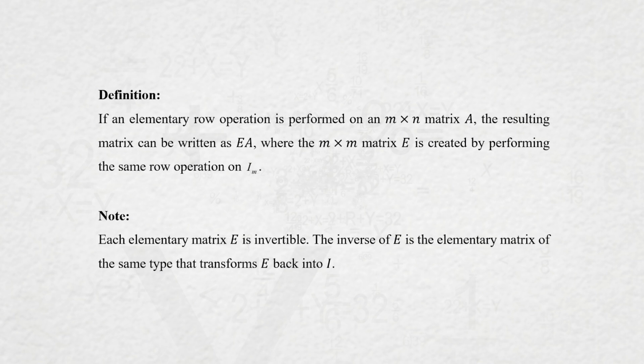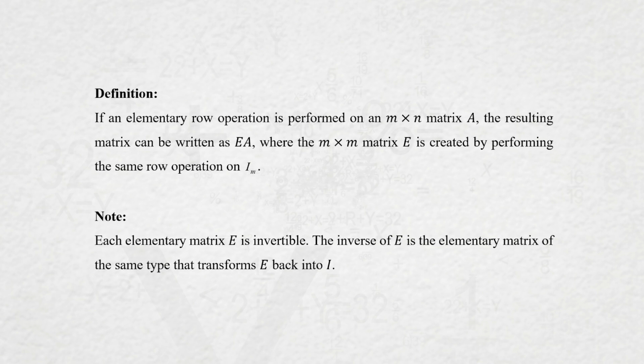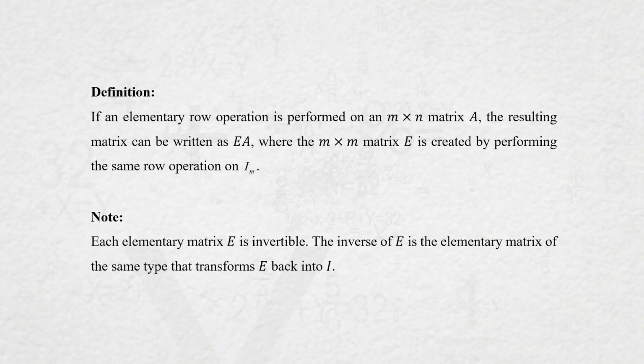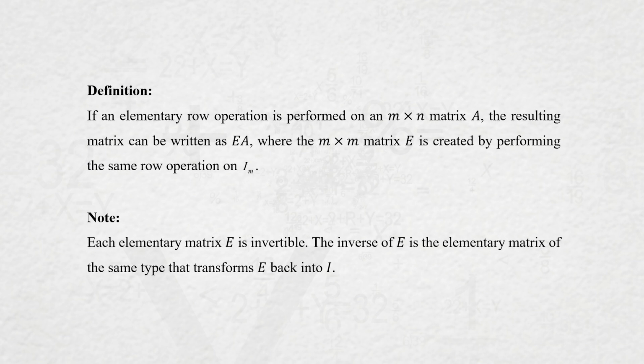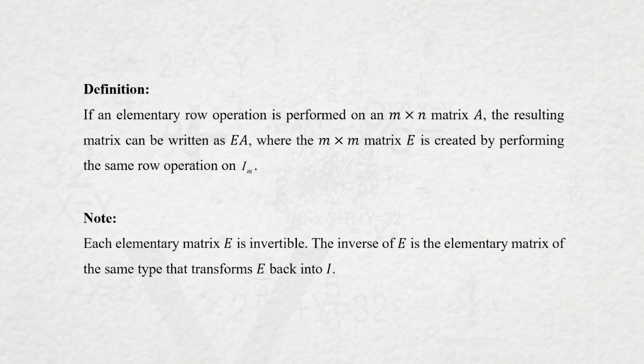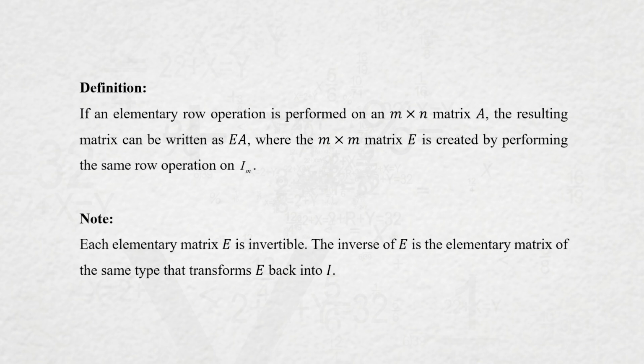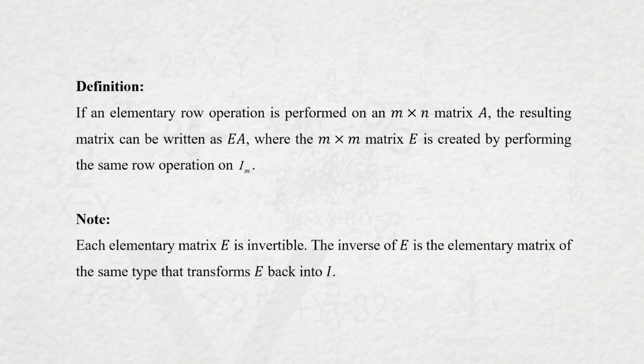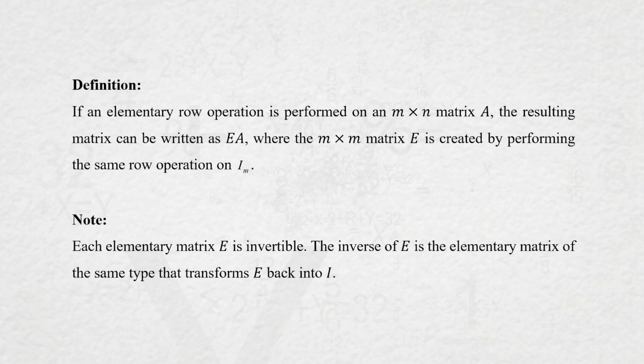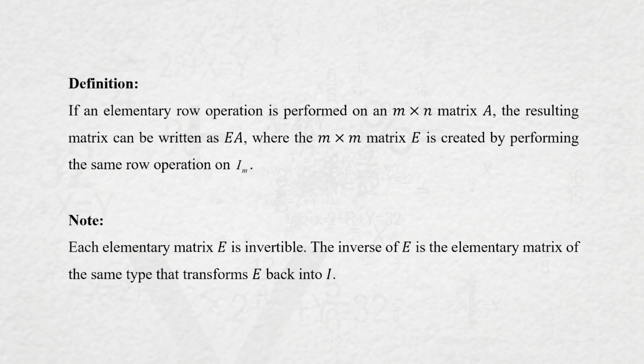Definition: if an elementary row operation is performed on an m cross n matrix A, the resulting matrix can be written as EA, where the m cross m matrix E is created by performing the same row operation on I_m.